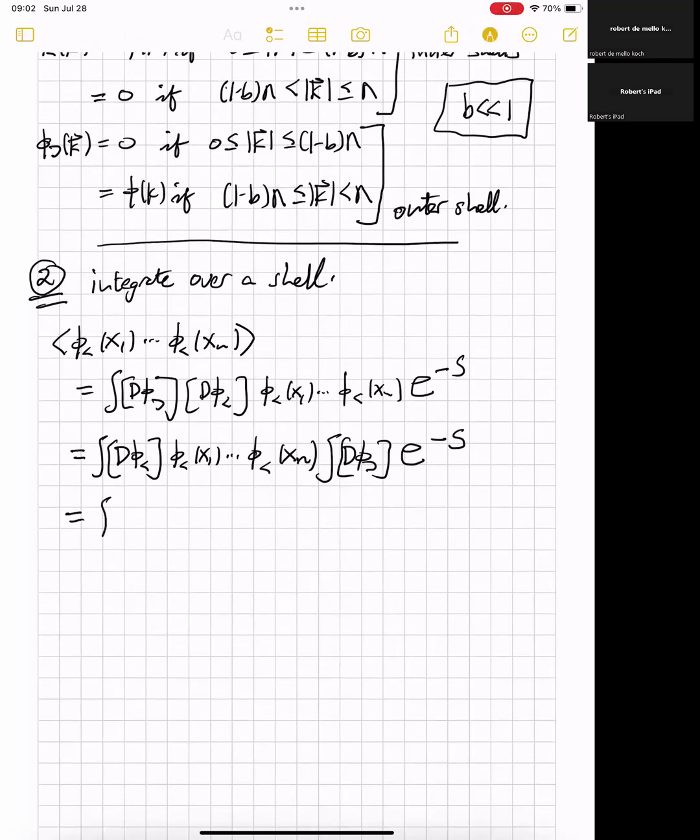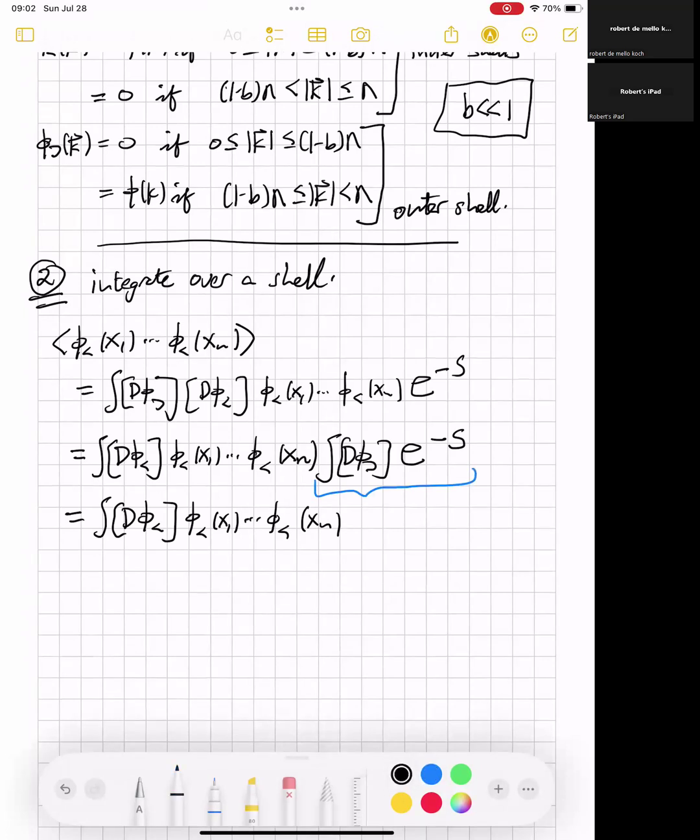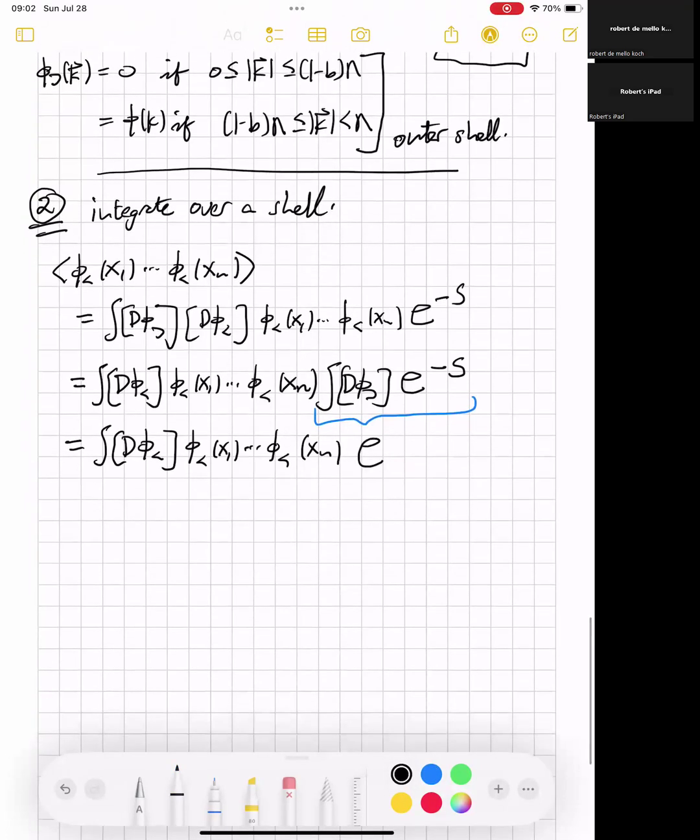This will give us the integral d phi less than of phi less than of x1 through phi less than of xn, times the answer from doing this integral, which we will call e to the minus S effective. So we've generated a new action, an effective action. This is the action that will govern the lower energy modes.